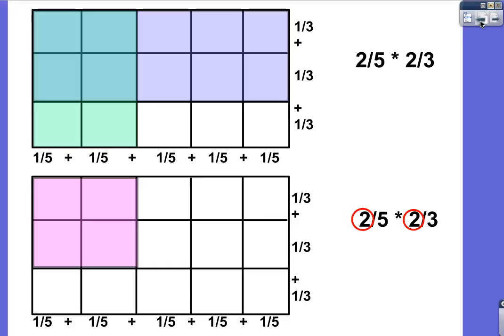On your task card, you're going to have a total of 6 examples. And you're going to draw out the model to show both ways of finding your answer, using the overlapping method and using the numerators to help you decide how many of the squares you need to fill in.